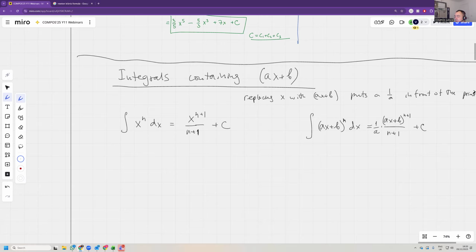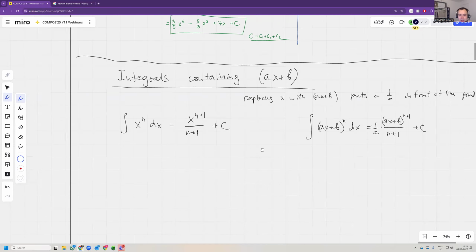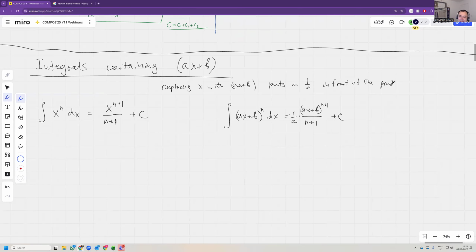It's not a theorem. Well, it's a rule. Okay, it's a rule you can use. I won't go too deep into explaining why.